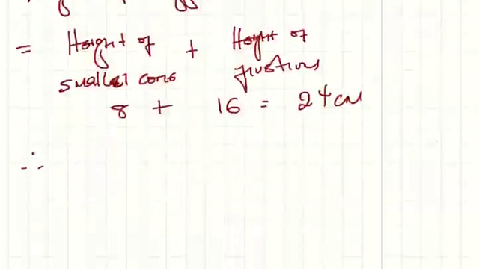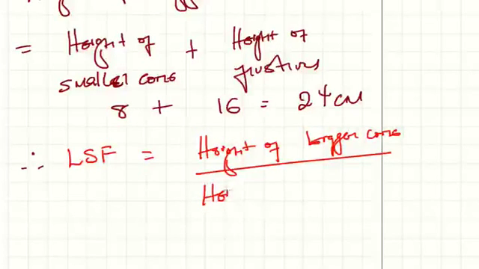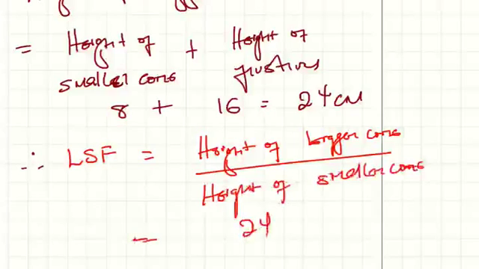Therefore, we say now the linear scale factor, which is given by height of bigger cone over height of smaller cone, will be given by 24 over 8, which is equal to 3.